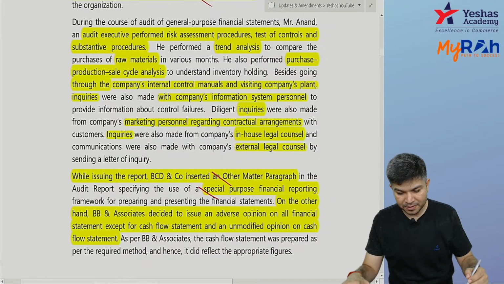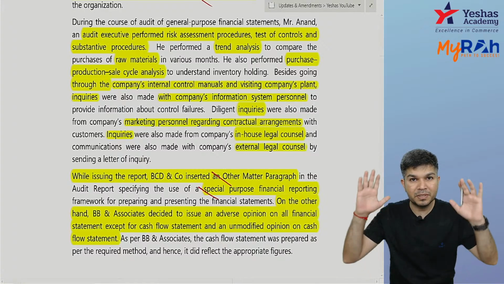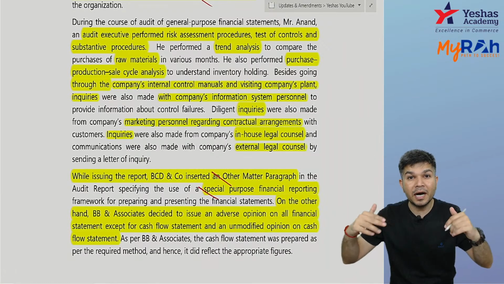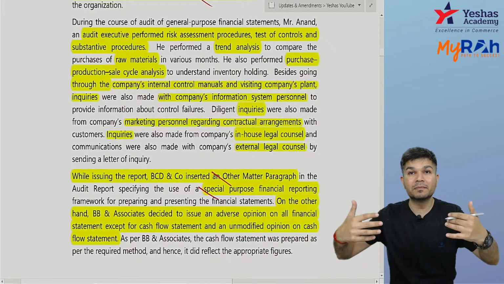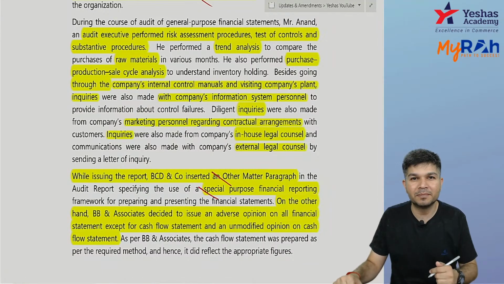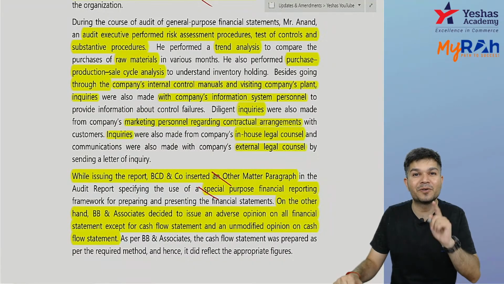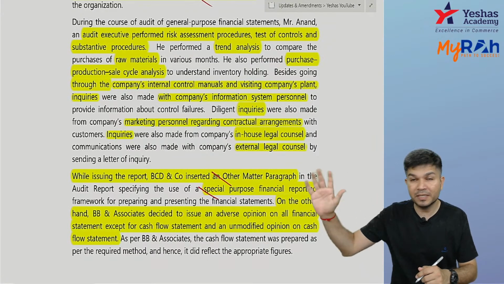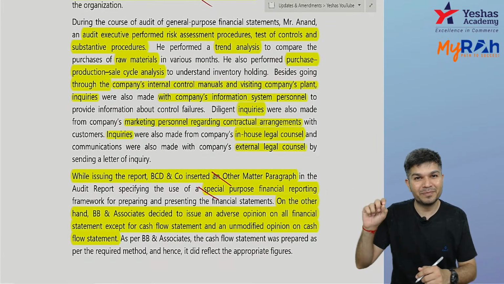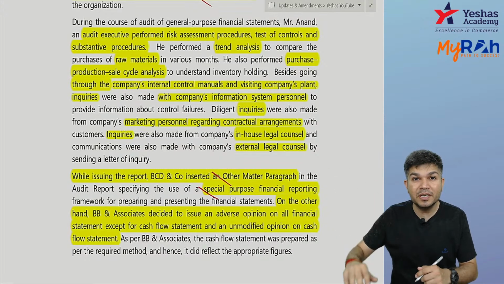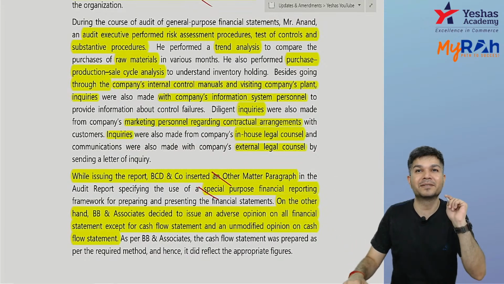Actually, you don't need an other matter paragraph, but you need an emphasis of matter. In your financial statement, notes to accounts, it will already be written that these financial statements are prepared for a special purpose. So we have to draw attention. It should be an emphasis of matter paragraph.